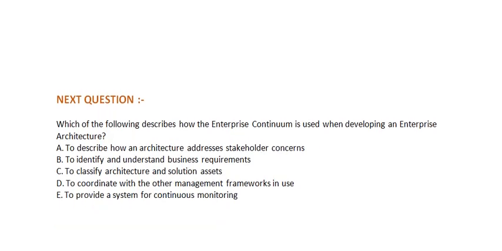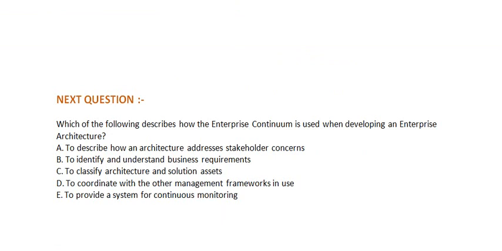Next question is, which of the following best describes how the enterprise continuum is used when developing an enterprise architecture? Option A, to describe how an architecture addresses stakeholders' concerns. Option B, to identify and understand business requirements.